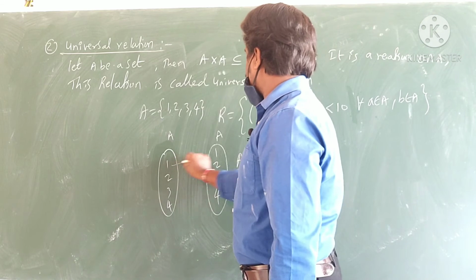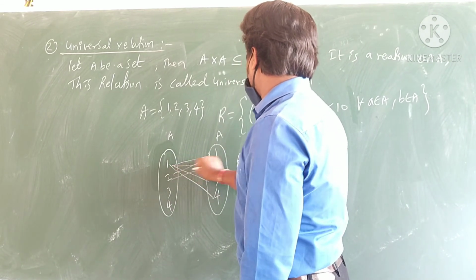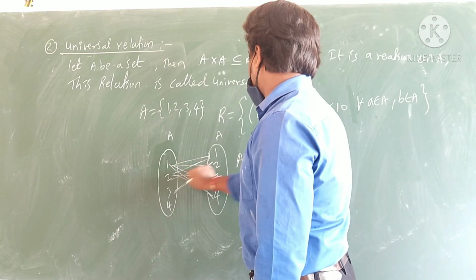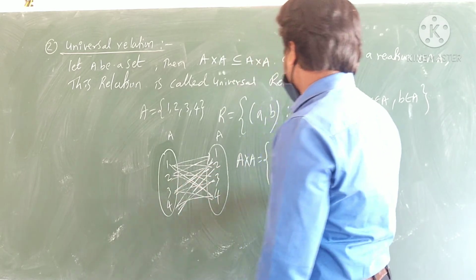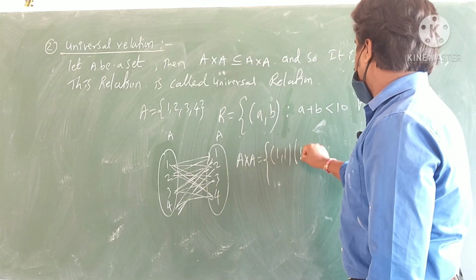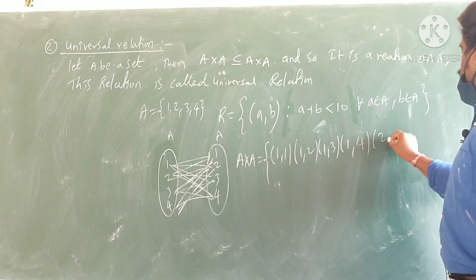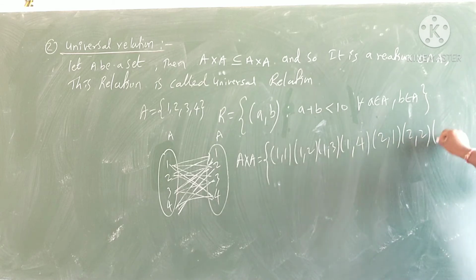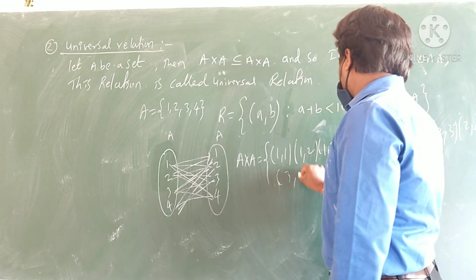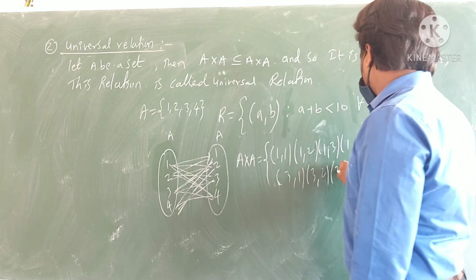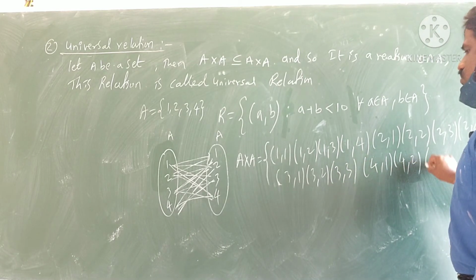So I can write here 1 1, 1 2, 1 3, 1 4, 2 1, 2 2, 2 3, 2 4, 3 1, 3 2, 3 3, 3 4, 4 1, 4 2, 4 3, 4 4.